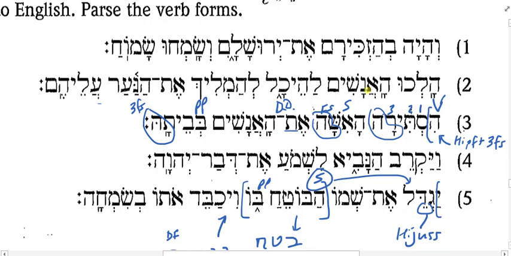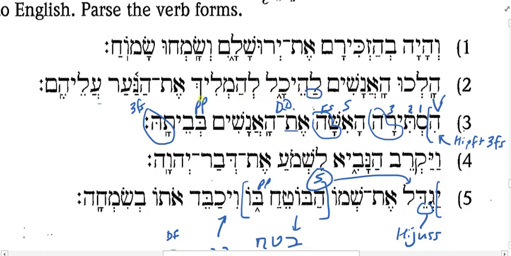Okay, so the men went or walked. Lahekhal? To the temple. Good. And you're sure it's the temple? Yeah. I have the article hey, patach, visible. The hey has been swallowed up before hekhal. Okay, so to the temple.